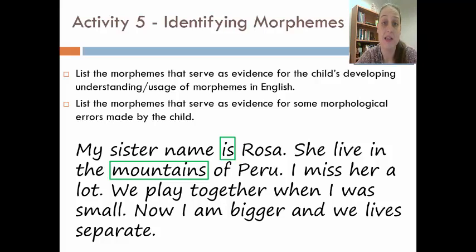We also see mountains is correctly pluralized by attaching the inflectional suffix of s to the noun mountain to modify it by number.